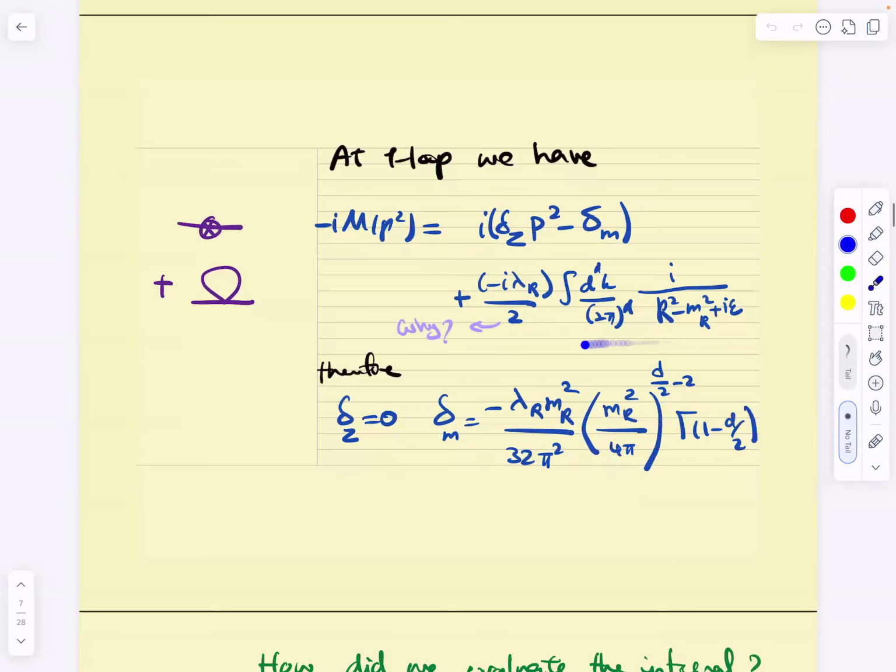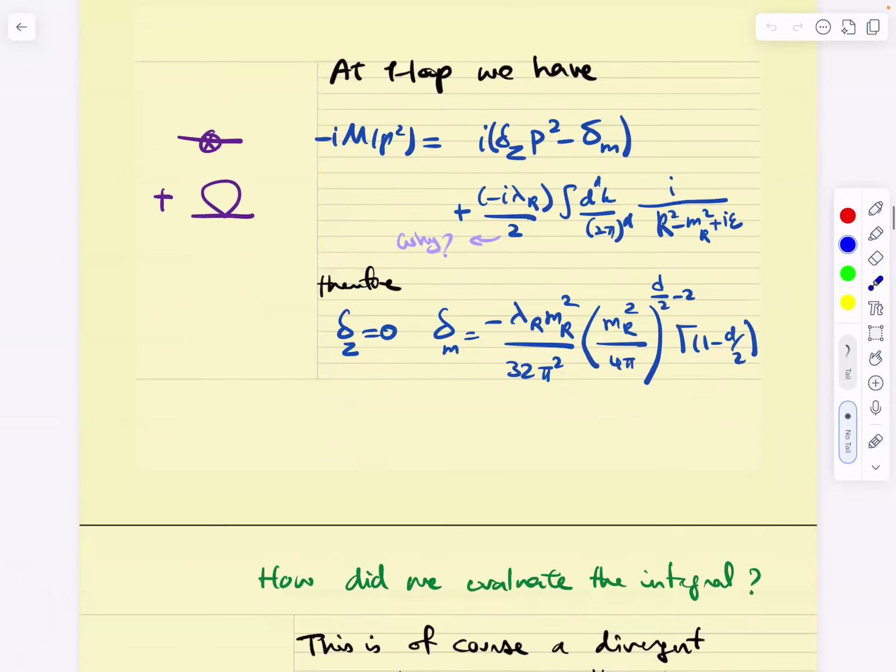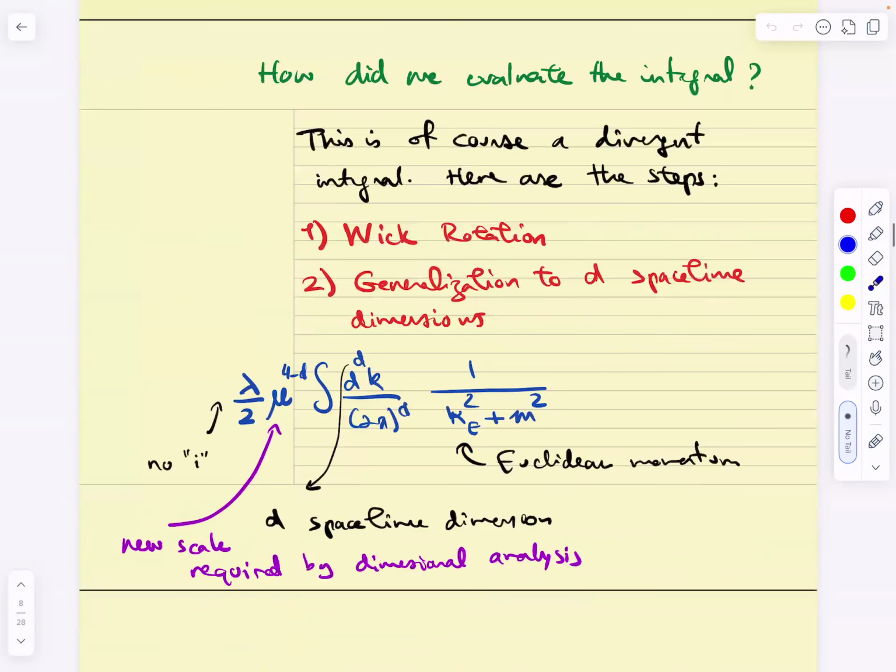So how did we calculate this integral? I'm going to go through it for the case of a scalar field, and then we're going to repeat this over and over again. Are there any questions about the general principle of perturbative renormalization? So we said renormalized perturbation theory: you start with a bare action, you find these renormalized things. You write down the bare action in terms of these renormalized quantities plus counter terms. You treat counter terms like terms in the Feynman diagrams.